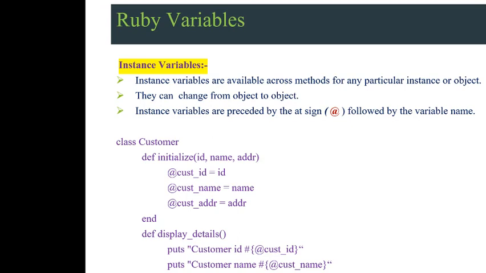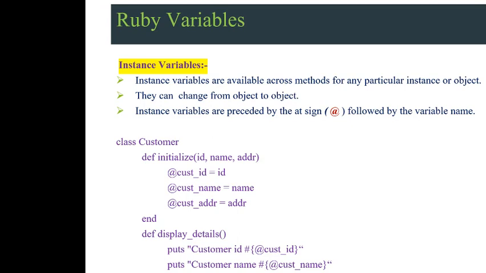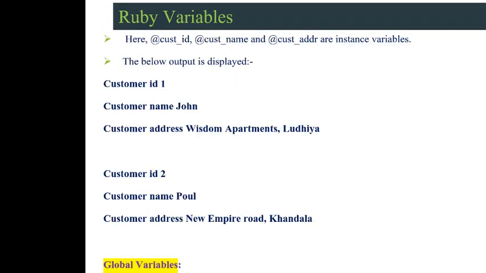And when I pass these values, in this example I have these 2 methods, customer 1 and customer 2. They have their own copy of the instance variable, and whenever you call this method, it will print these two. Any question on the instance variable?